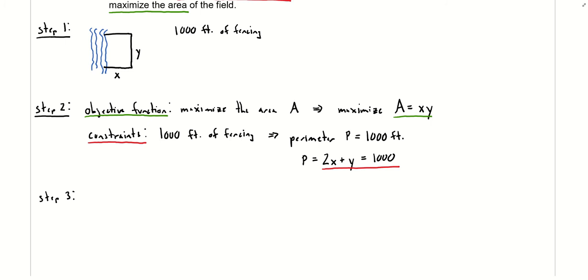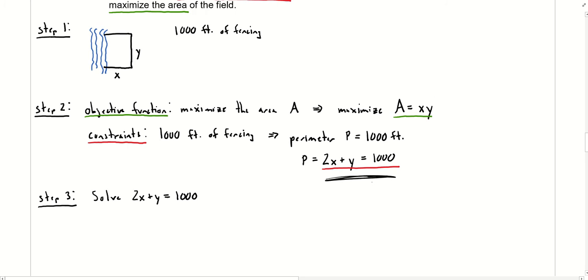So in step 3, I'm going to solve that constraint equation of 2x plus y equals 1,000 for one of my variables. Now, sometimes one variable might be easier to solve for than the other, or easier to plug into our objective function. Here our objective function is x times y, and our constraint equation is pretty easy as well.